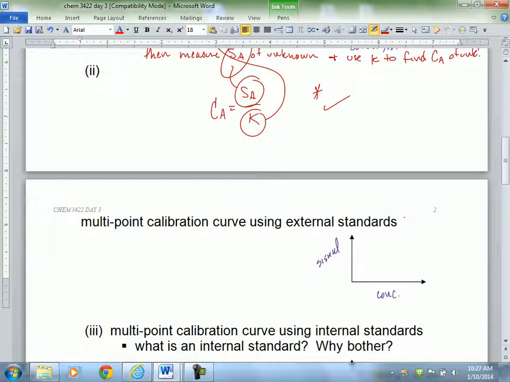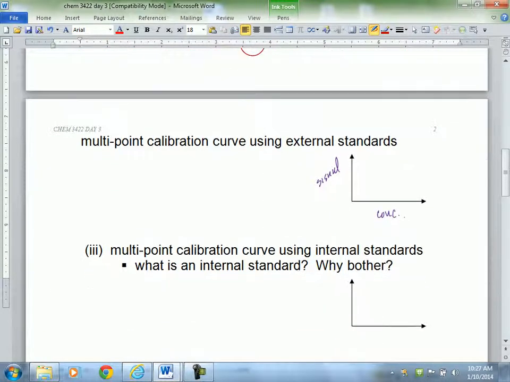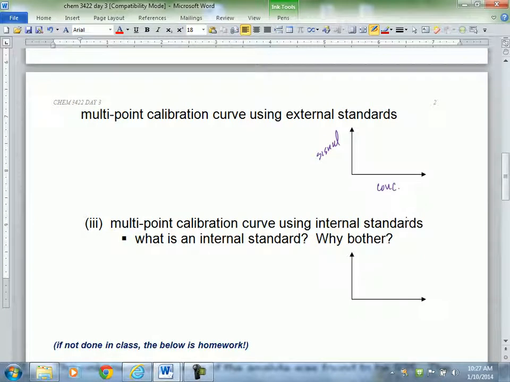If you're a noob. Multi-point calibration curve using external standards. So pretty much the same thing. Got to get a lot more data though. Make a whole bunch of standards, like 4 or 5 or so, right? Measure the concentrations of those standards, whatever your analyte is, and then plot them out.